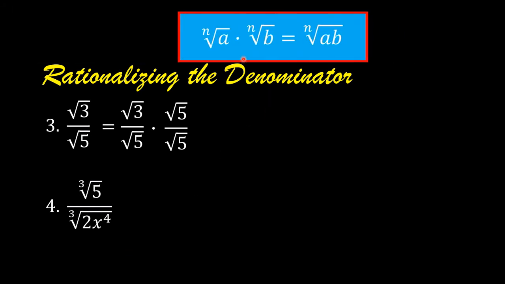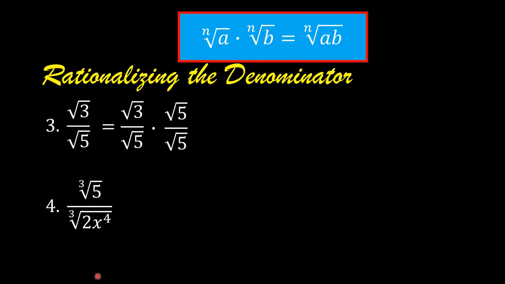And then use this law of radicals: the nth root of a times the nth root of b is equal to the nth root of a times b. We multiply the radicand of the first expression by the radicand of the second expression.